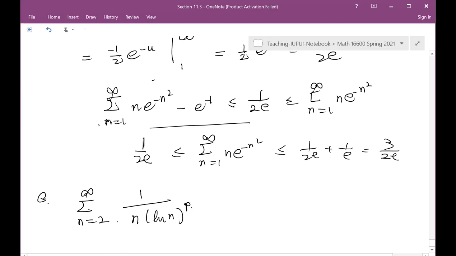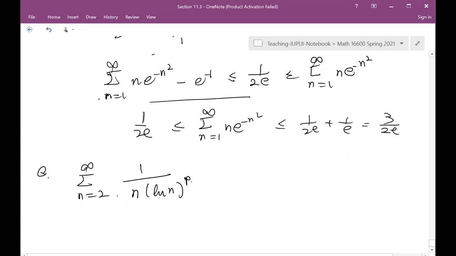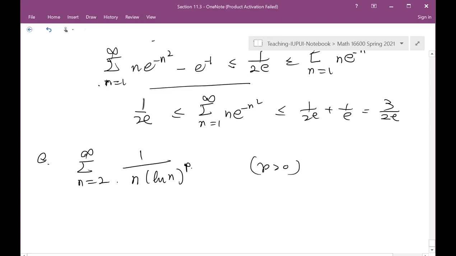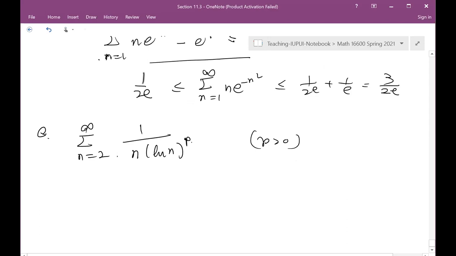I want to see whether this is convergent or divergent. Here, I assume that p is positive. When p is negative or 0, this is clearly divergent.